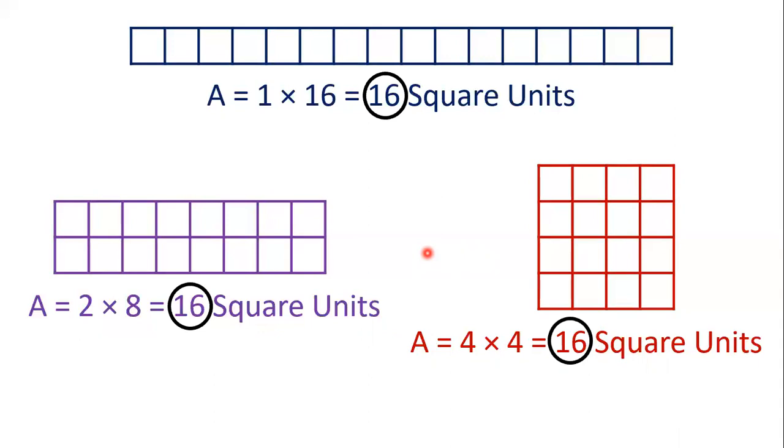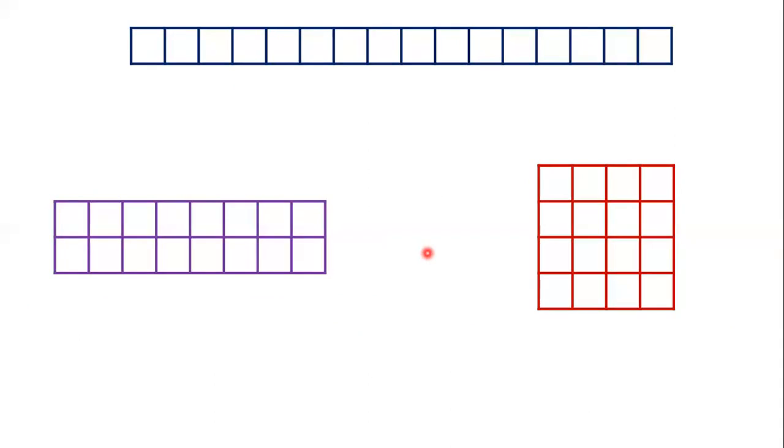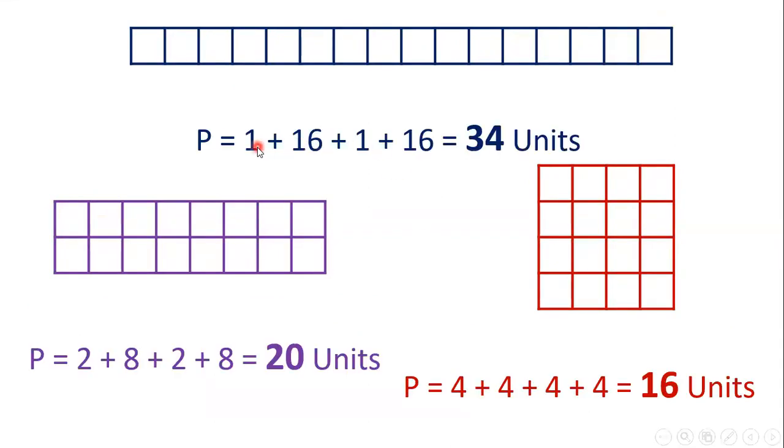But what about the perimeter? Do all of the rectangles here have the same perimeter? For this one, the perimeter is 1 plus 16 plus 1 plus 16 equals 34 units. And for this rectangle here, the perimeter is 2 plus 8 plus 2 plus 8 equals 20 units.